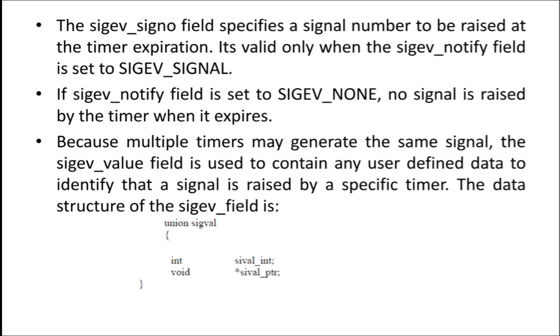And if the signal event notify field is set to signal event none, no signal is raised by the timer when it expires. Very important. When the signal event notify field is set to signal event none, that means when the timer expires, it is not going to take any action.